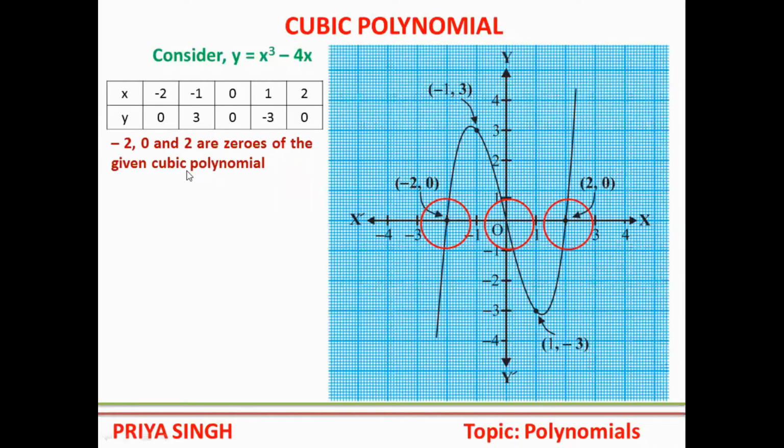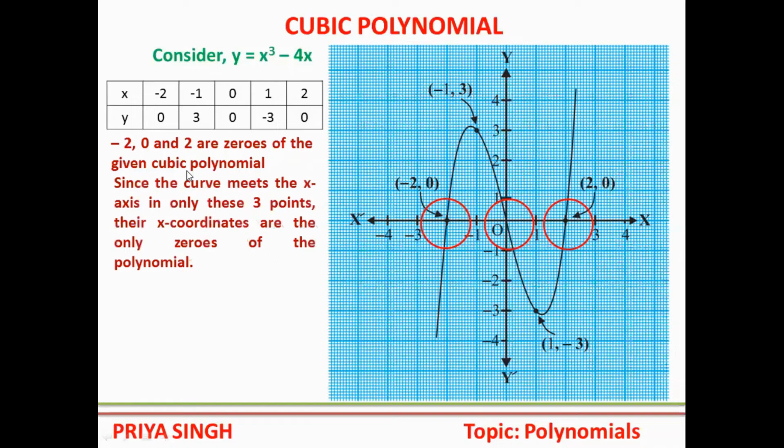Since the curve meets the x-axis in only these 3 points, their x coordinates are the only zeros of the polynomial. It is meeting at the 3 points, therefore their 3 x coordinates are the 3 zeros of the polynomial.